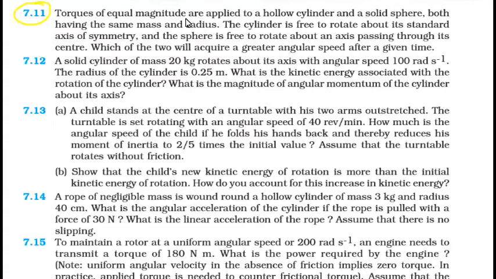Torques of equal magnitude are applied to a hollow cylinder and a solid sphere, both having the same mass and radius. The cylinder is free to rotate about its standard axis of symmetry, and the sphere is free to rotate about an axis passing through its center.